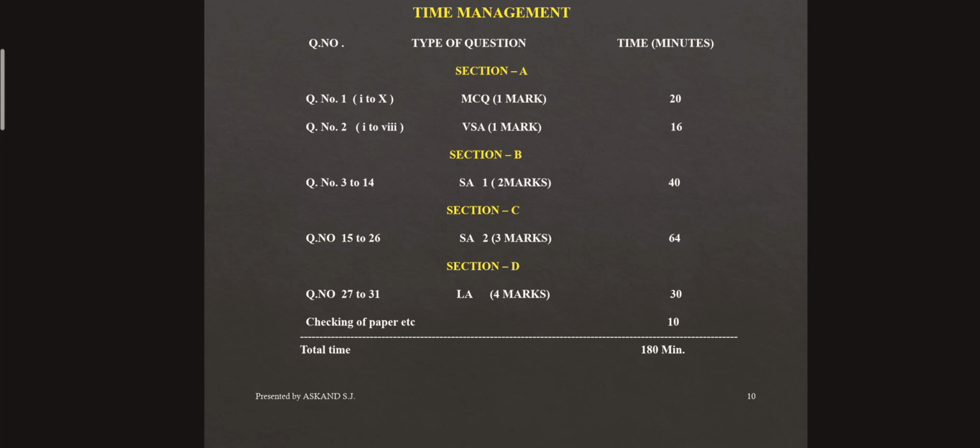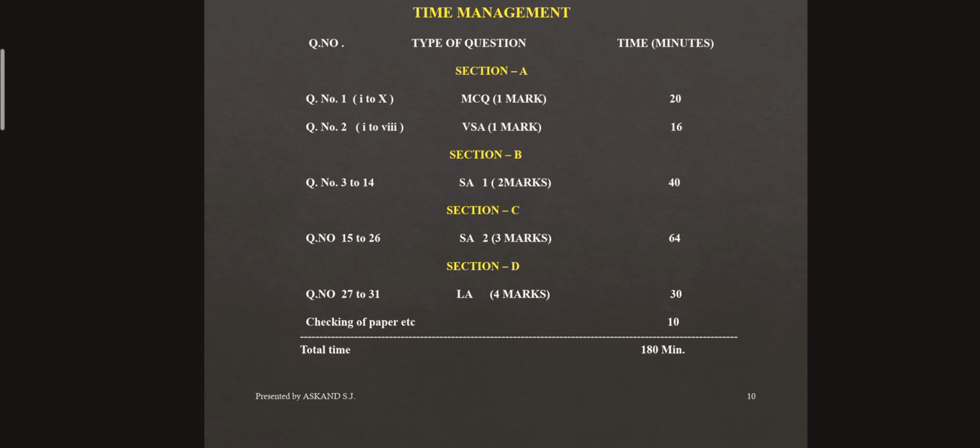Section C is actually consuming so much time out of 180, because as I said, it is going to have the equation part and the long answers part, so it is going to take that much time. You should give 64 to 65 minutes to your C section, and section D you can deal with in 30 minutes.